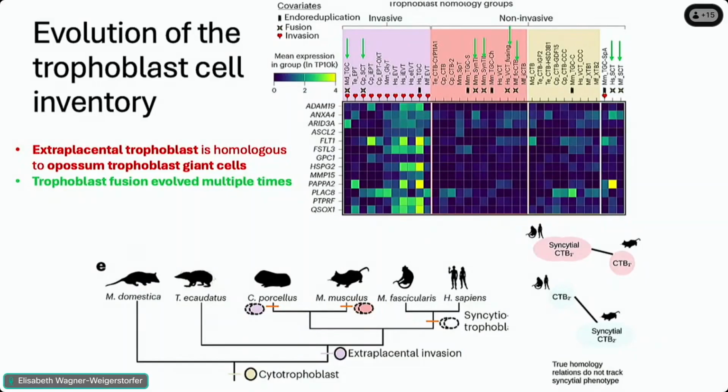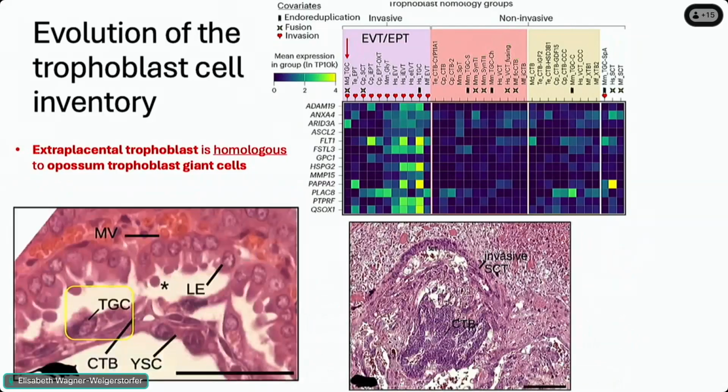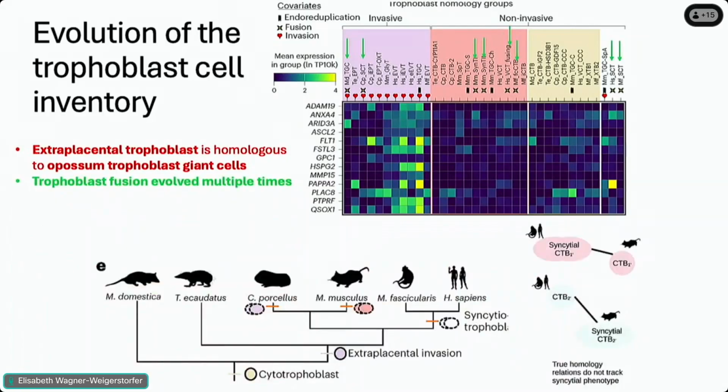So one argument here is, for instance, the primate syncytial trophoblast 1, as we have called it, seems to be homologous to the cytotrophoblast of the mouse, and the syncytial trophoblast cell in the mouse seems to be homologous to the cytotrophoblast in primates. So that suggests that syncytialization evolves multiple times.